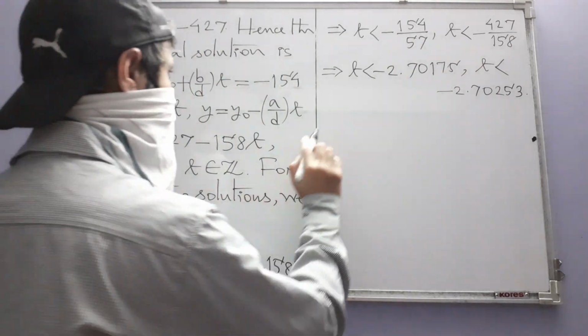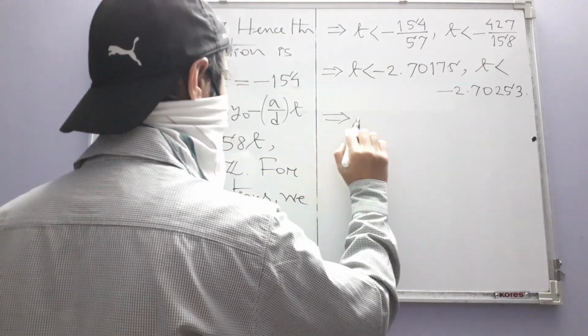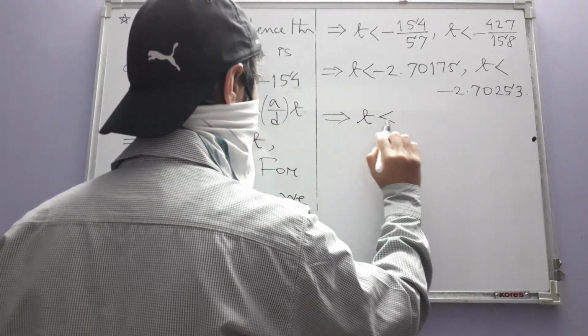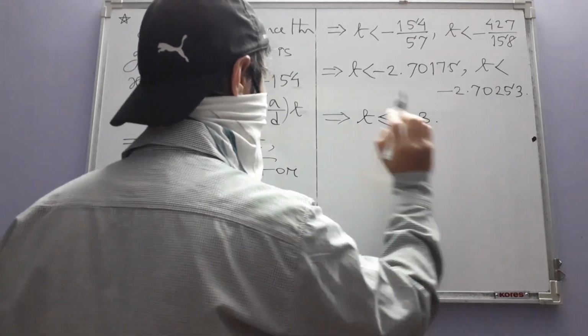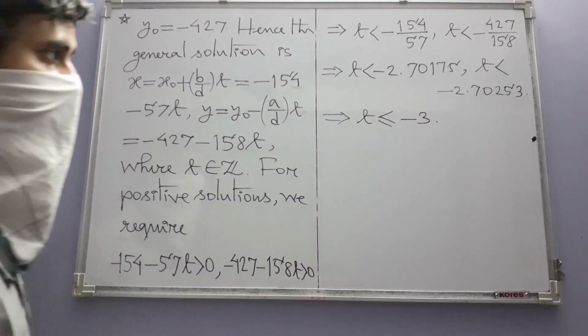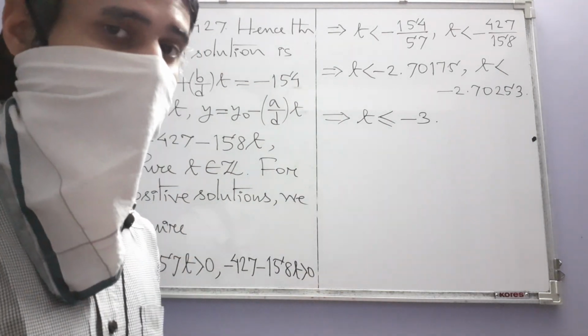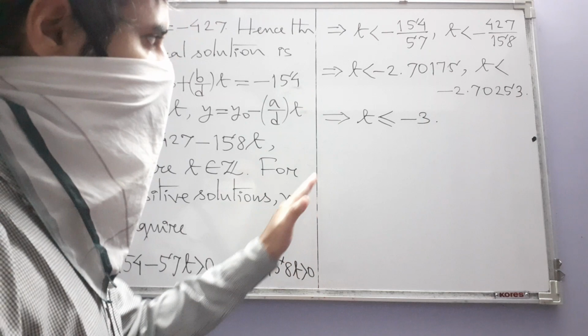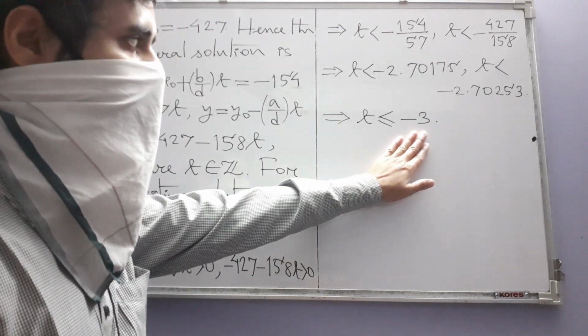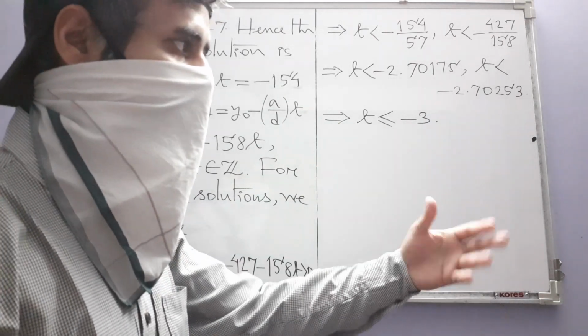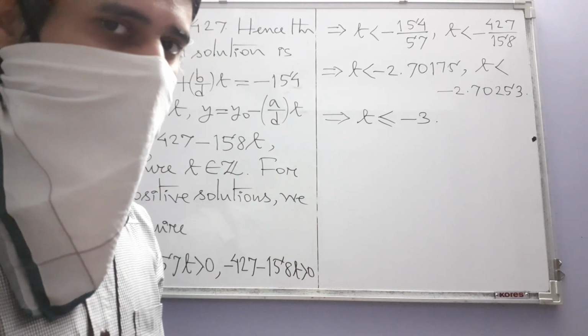So this just points to what? It points to t being less than or equal to minus 3, and here there are infinitely many possibilities for t. All integers less than or equal to minus 3 will give us positive solutions.